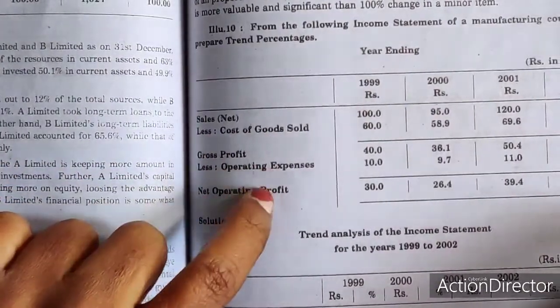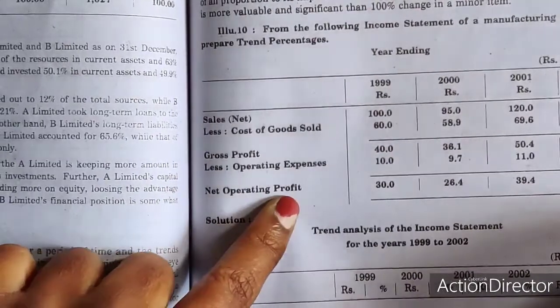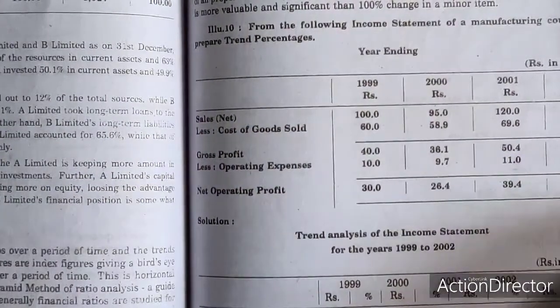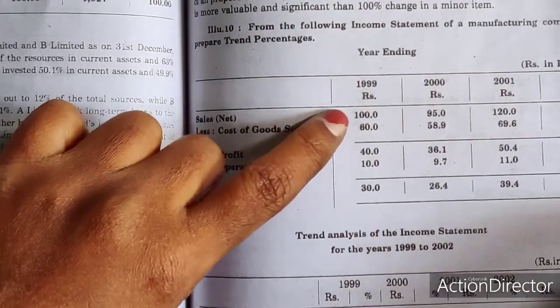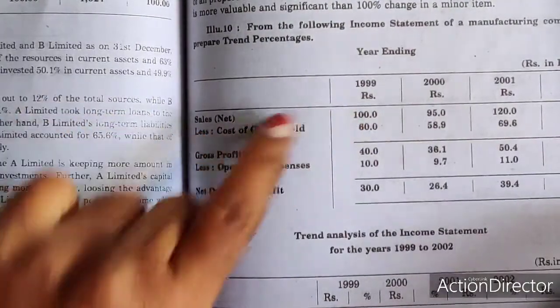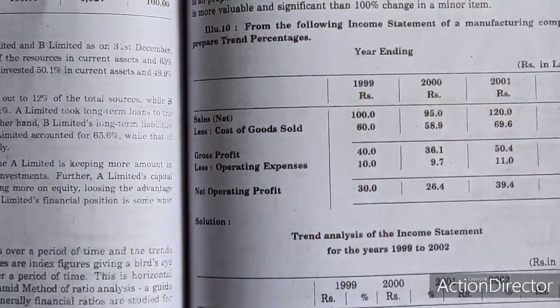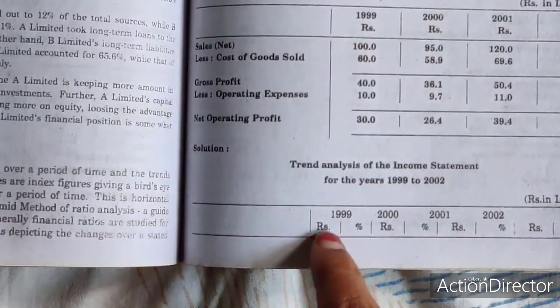They have already prepared the income statement: gross profit, less operating expenses, and this is the net operating profit. We just need to find the percentages from the base year. First we have to set all the items to index number 100 in this base year, that is for the base year 1999. Here is rupees and this is percentage.